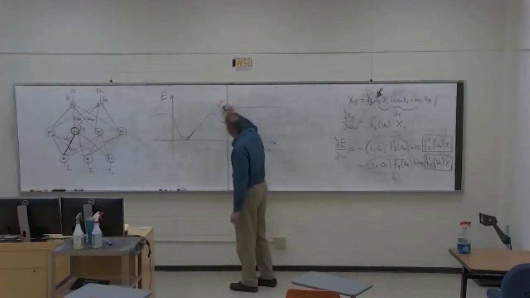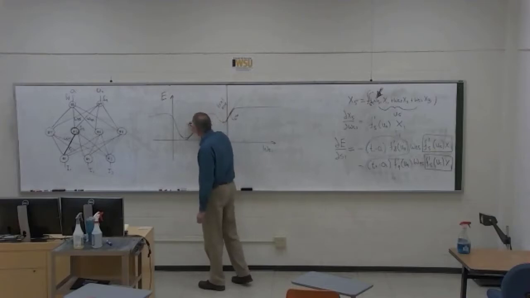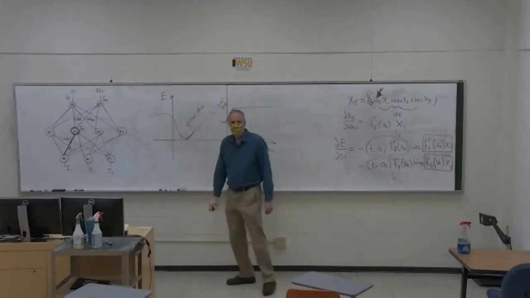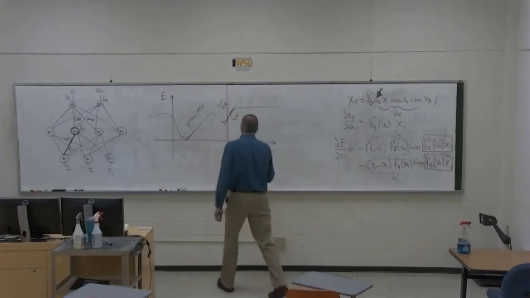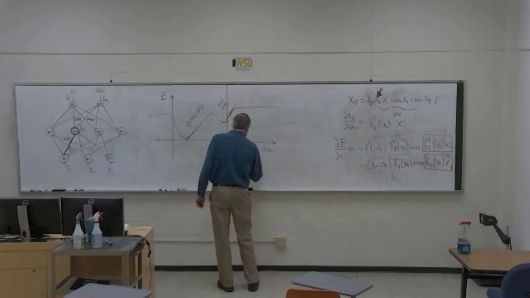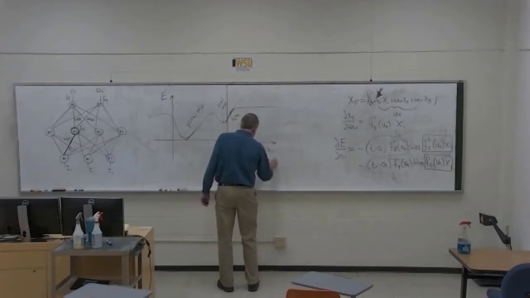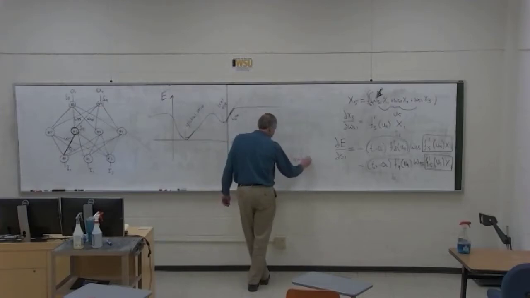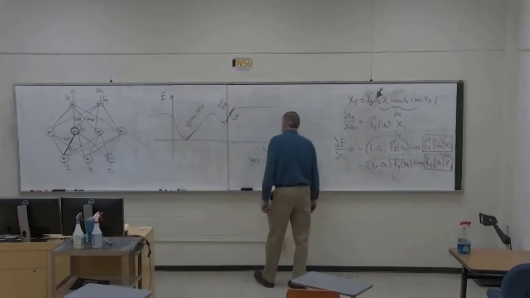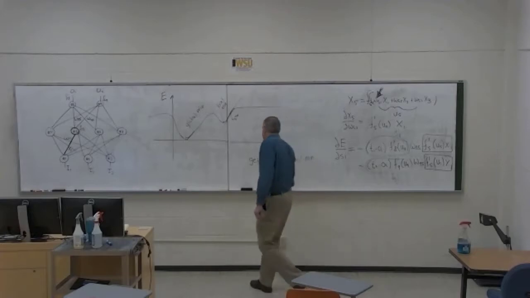You never get to the global minimum where you want to be, where the error is almost zero. So that's one of the issues. You can get stuck in a local minimum.